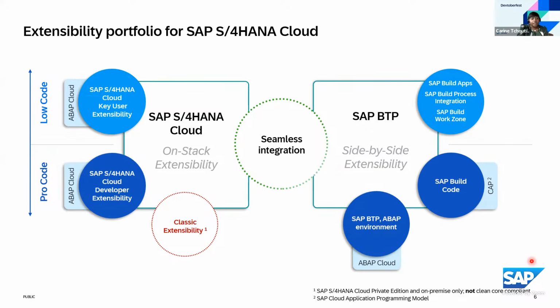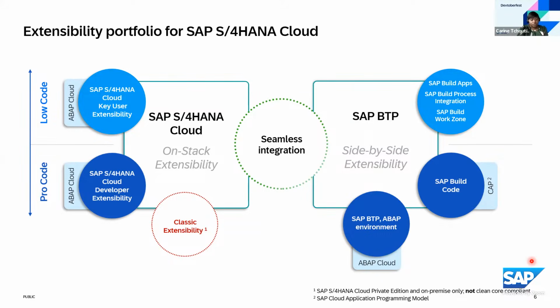Before we go ahead, it's also important to mention that this programming model is available as well on-premise and in the private cloud. There we also have, in addition, the classic extensibility options that have been used so far, with full flexibility, going from accessing all SAP objects to even modifying such objects.